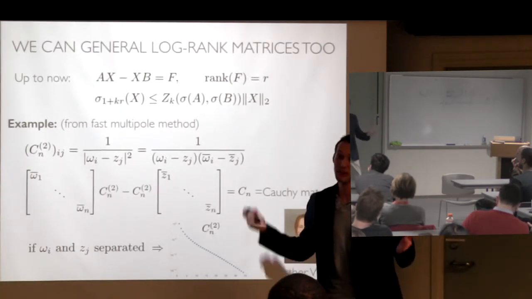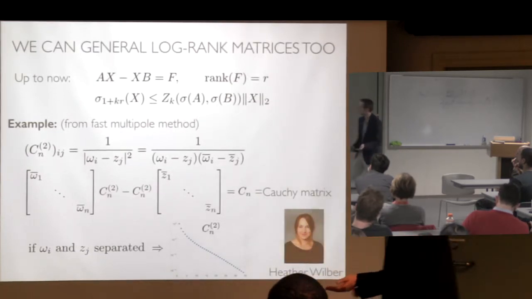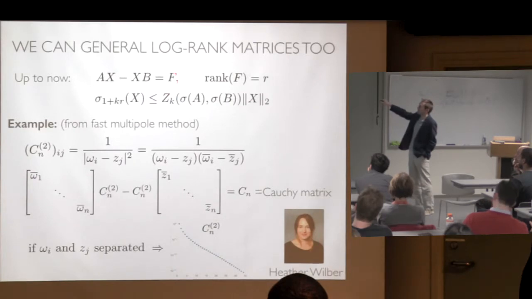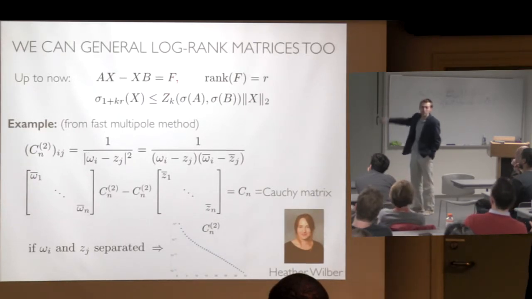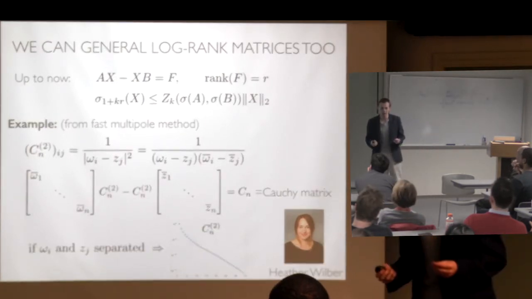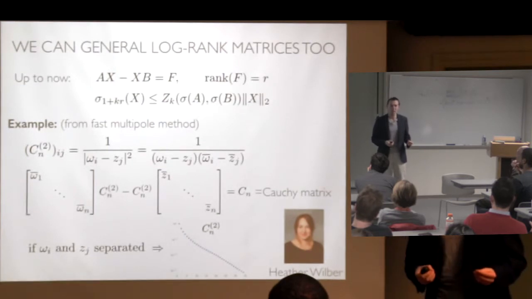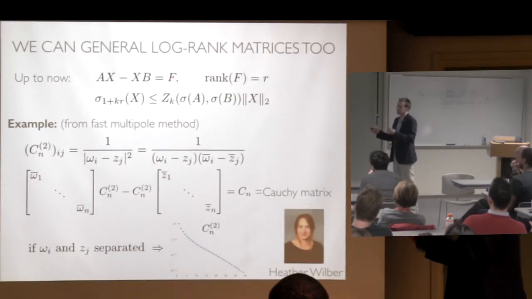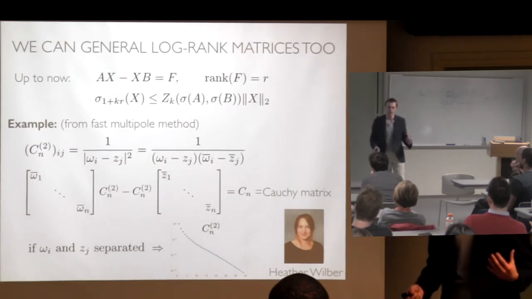So that would tell me nothing of the singular values that I care about. So what Heather did is notice that the matrix here, in all these other cases, is of mathematical rank n, maybe full rank, but numerical rank small. Can we use the fact that the singular values of F itself also decay to improve the bound?